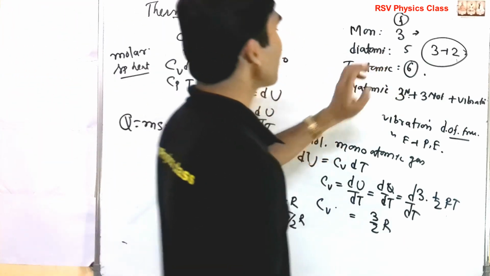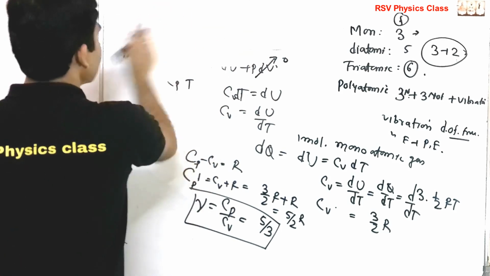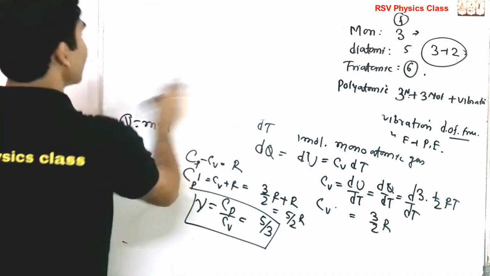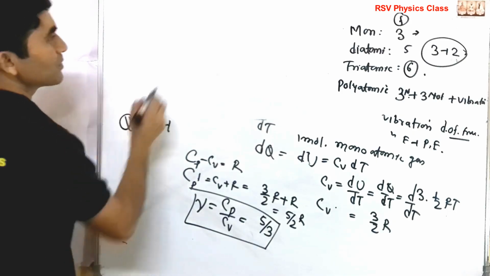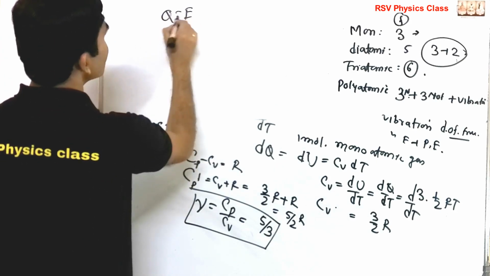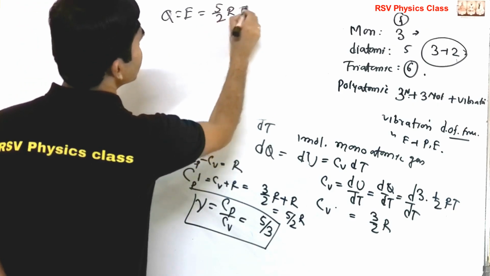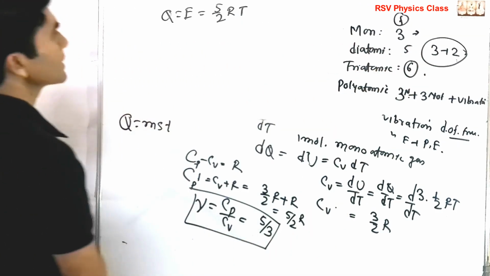Okay, and this is for monoatomic gas. You just calculate for diatomic gas. Okay, let's calculate for a diatomic rigid gas. Here rigid and non-rigid. So for diatomic gas the total energy, that is Q equals E, is 5 by 2 RT. This is 5 degrees of freedom.